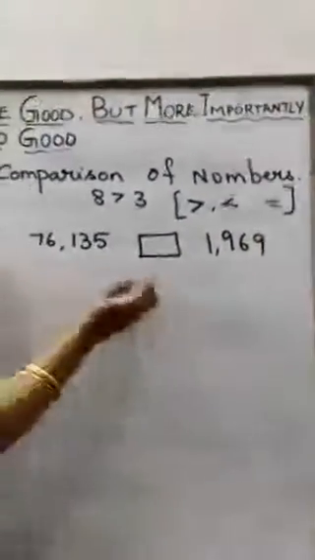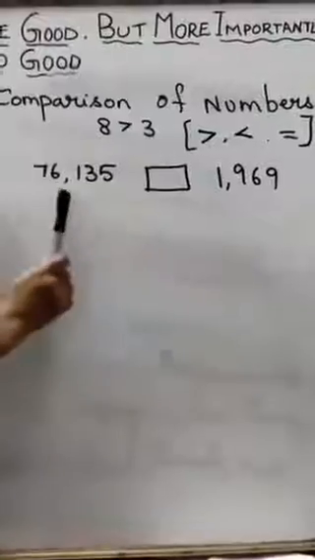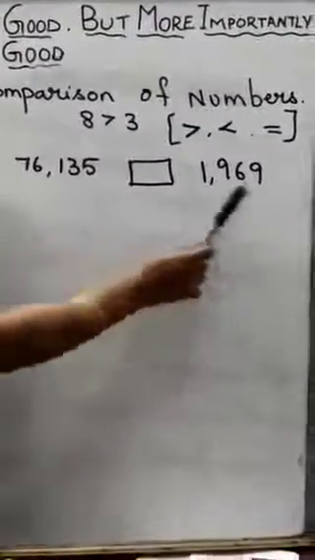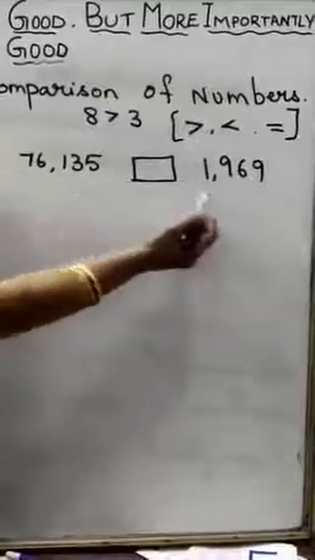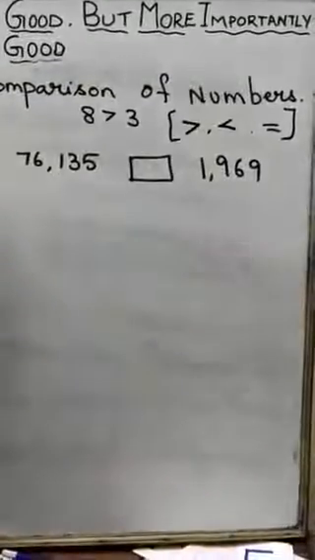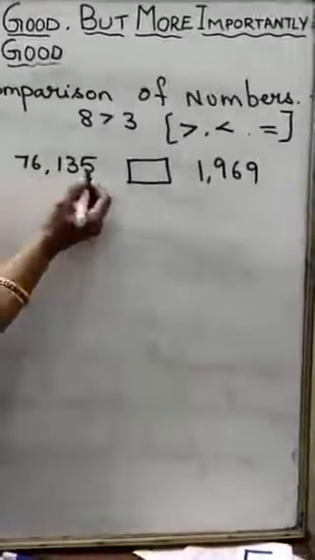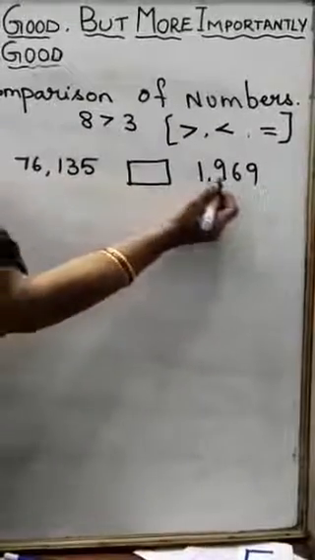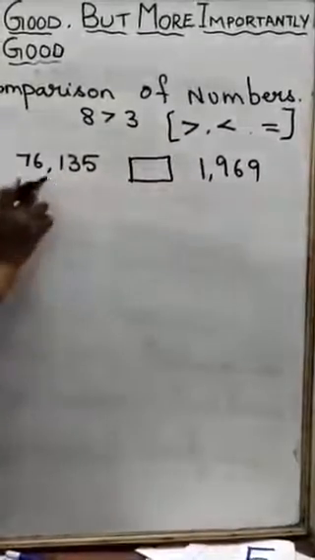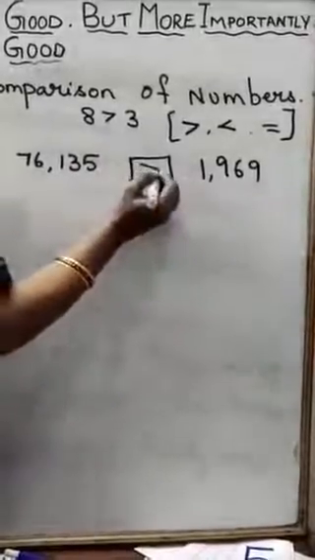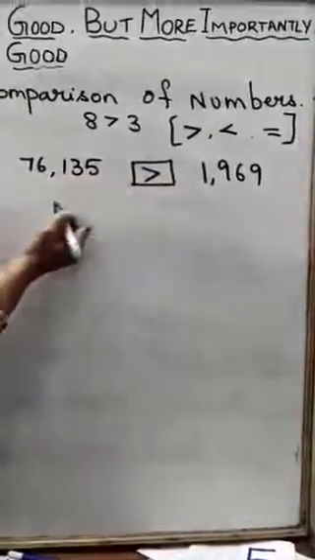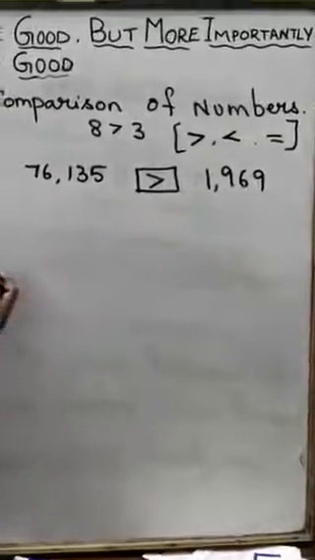We are comparing large numbers. Here this is a 5-digit number and this is a 4-digit number. When you are comparing two numbers with different digits, the number which has more digits is greater than the number which has fewer digits. Here we have 5, here we have 4. Therefore, the 5-digit number is greater than the 4-digit number.